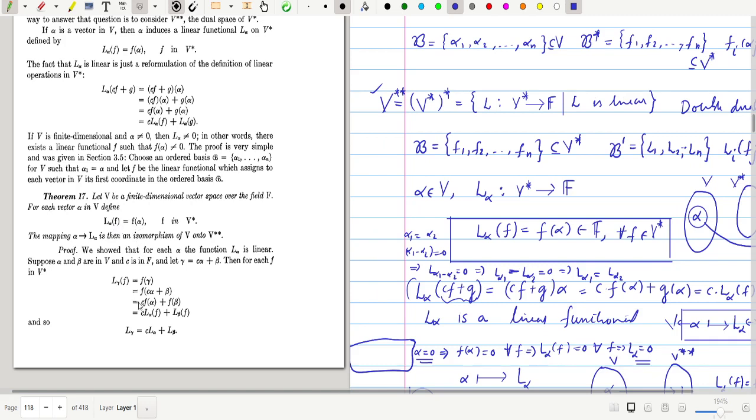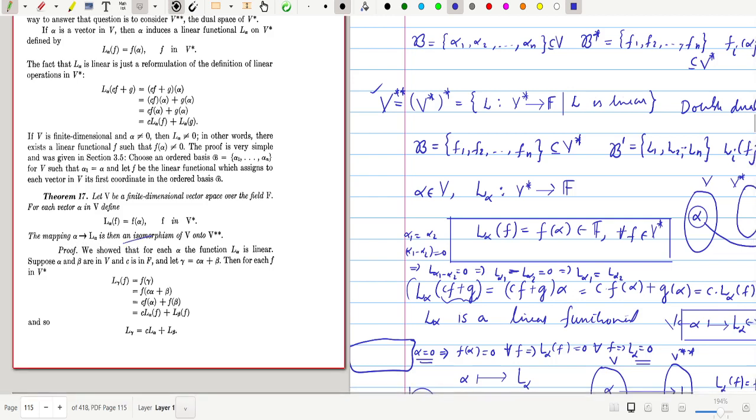You can easily verify this map; we have already discussed the properties of this map. If you define this L_α(f), then α goes to L_α is an isomorphism from V to V double star. So this is theorem 17. That is what you have proved here.